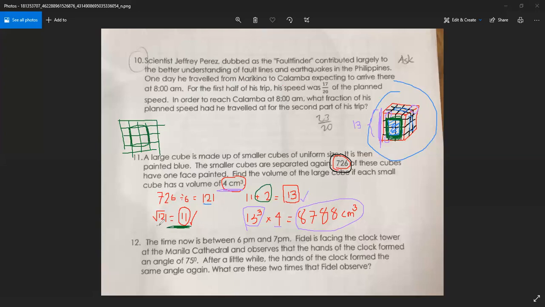Get the square root of 121. And the square root of 121 is 11. And then, after getting 11, we need to add 2 kasi we need to identify the measurement of the whole cube. So 11 plus 1 and plus 1, and that is 13. Then getting the volume, this will be the process.